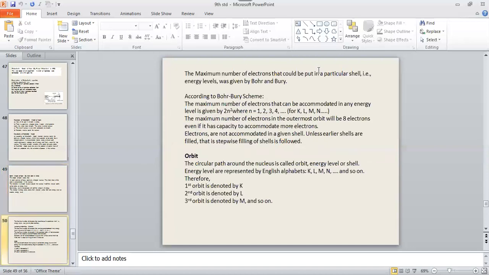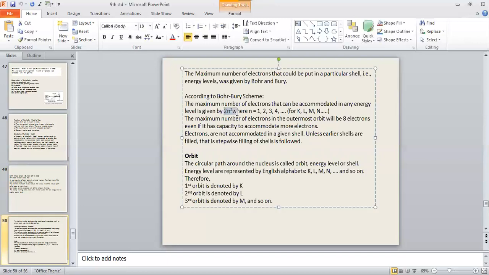The maximum number of electrons that can be put in a particular shell or energy level is given by Bohr and Bury. According to the Bohr and Bury scheme, the maximum number of electrons that can be accommodated in an energy level is given by 2n square, where n is 1, 2, 3, 4, or they are denoted by the symbols K, L, M, N. These are the shells or orbits around the nucleus, and this is the formula for accommodation of electrons in that orbit.